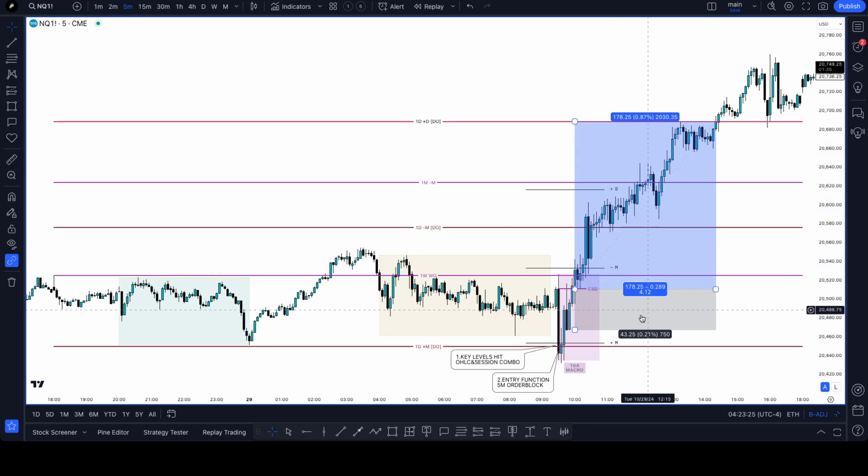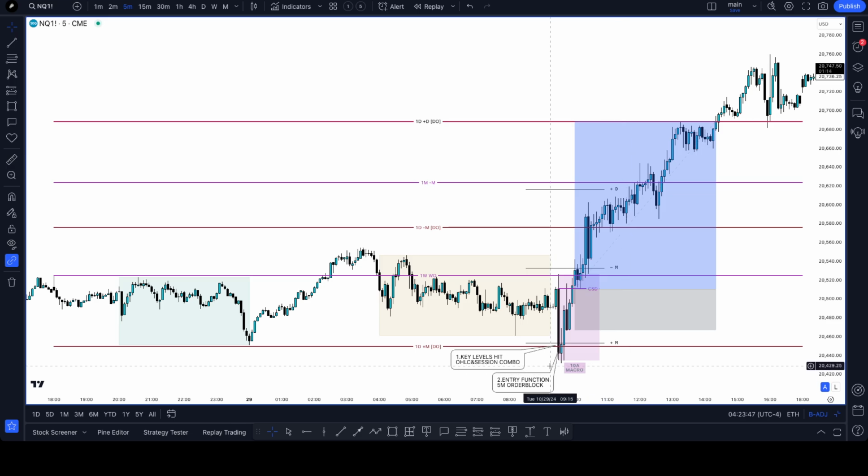So the way I see it, I am using a daily OHLC stat map level. So to me, when we enter at these levels, we are positioning ourselves in the manipulation wick of the daily candle.